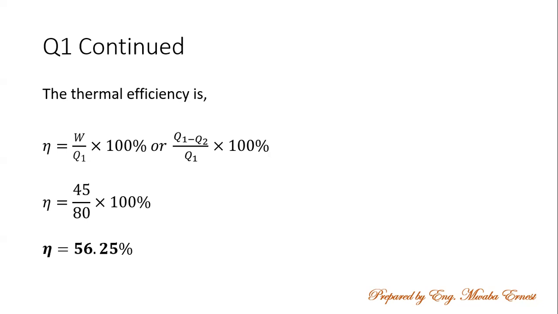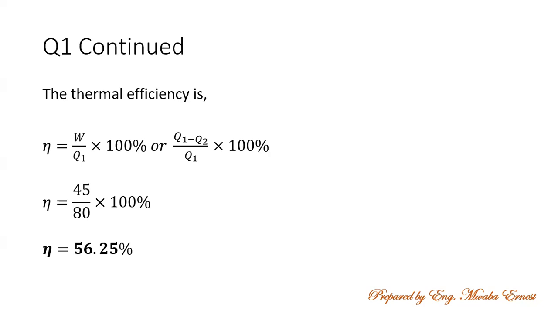Or if you want to do it the way we did it, it's Q1 minus Q2 over Q1, meaning the heat from the source minus the heat going to the sink divided by the heat from the source. Everything expressed as a percentage, meaning you multiply that by 100.